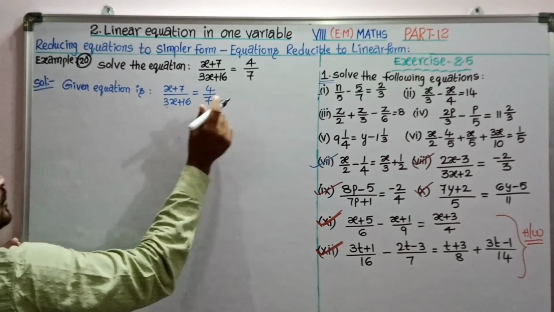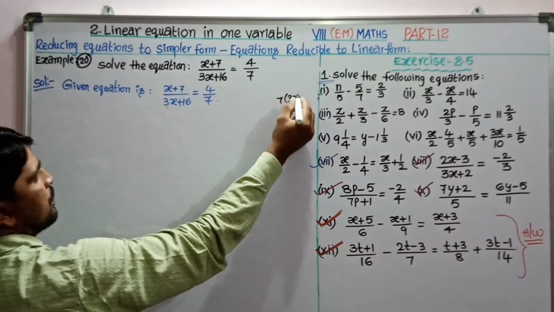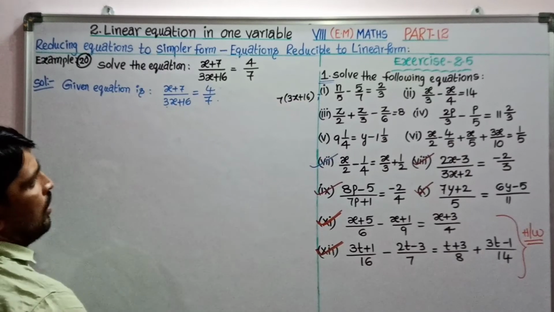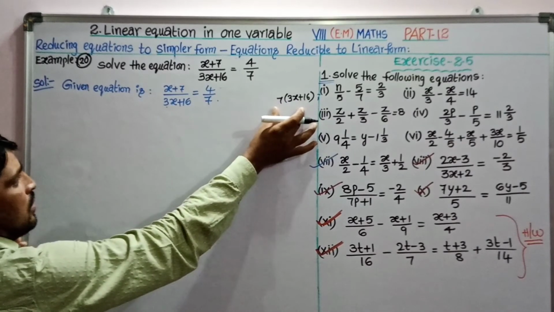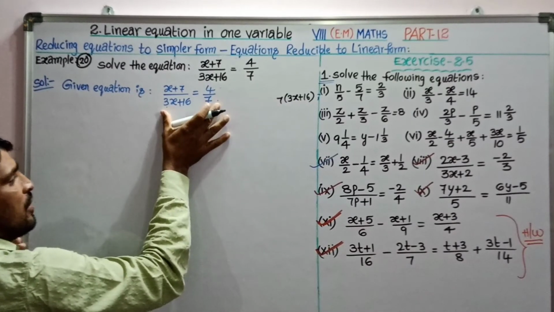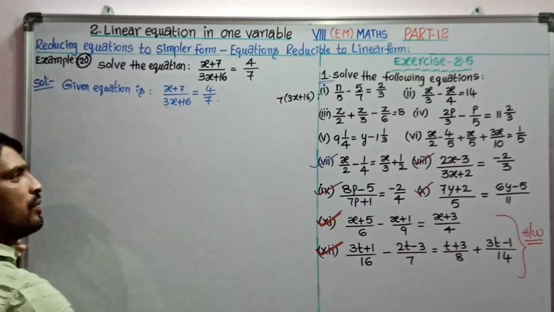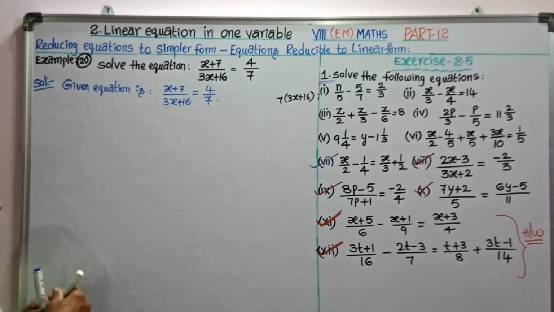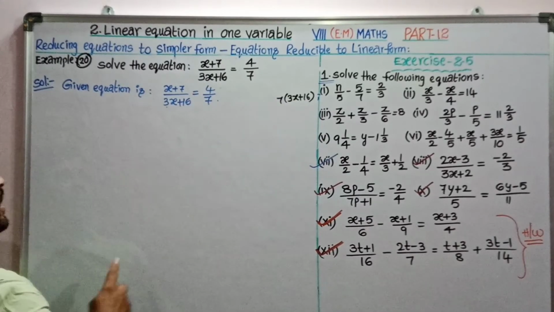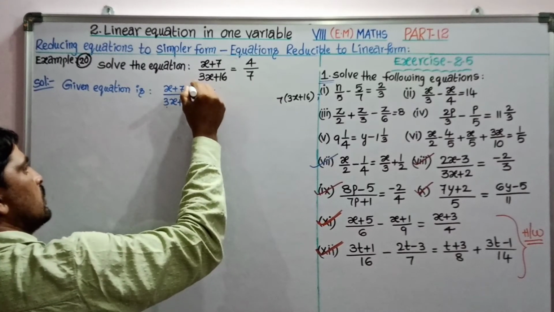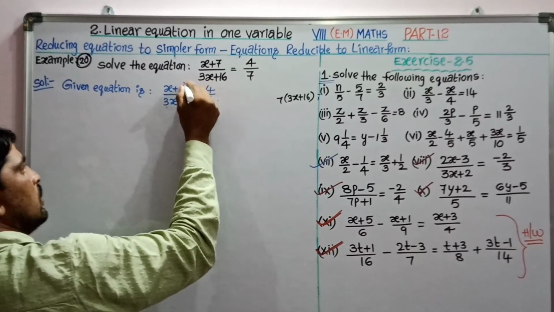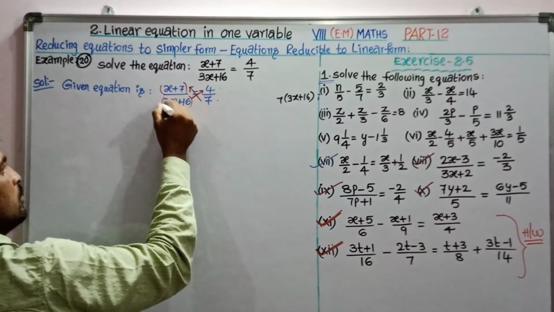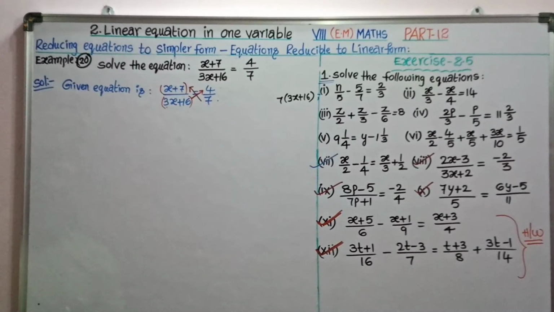And LCM of these two is 7 times of 3x plus 16. Multiplying both sides of the equation by 7 times of 3x plus 16 is the same as doing cross multiplication. So, consider the cross multiplication.